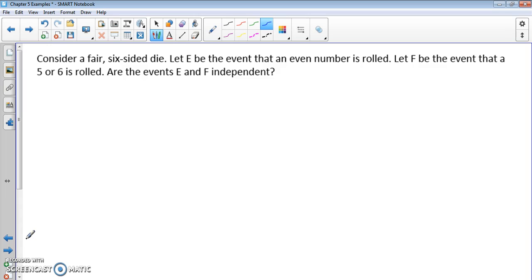So remember, we have two different ways to calculate the probability if they are independent or dependent.